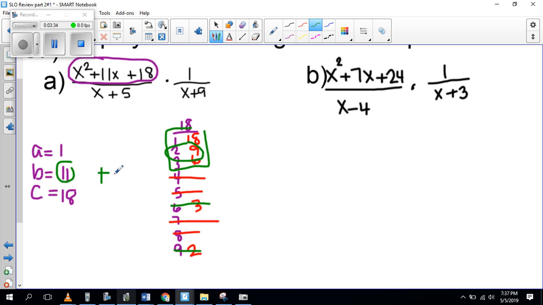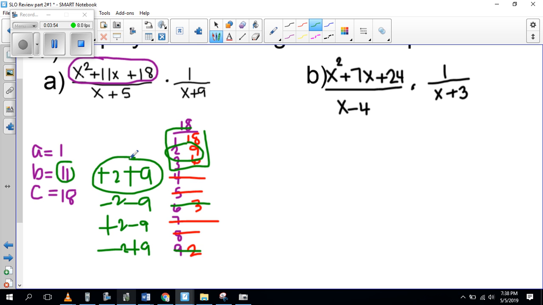So if we do plus, plus, minus, minus, plus, minus, minus, plus, and we put 2 all the way down and 9 all the way down, we need the one that's going to give us a positive 11. And it's going to be the first one. So that becomes x plus 2, x plus 9.